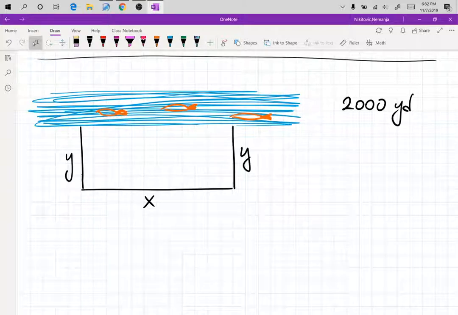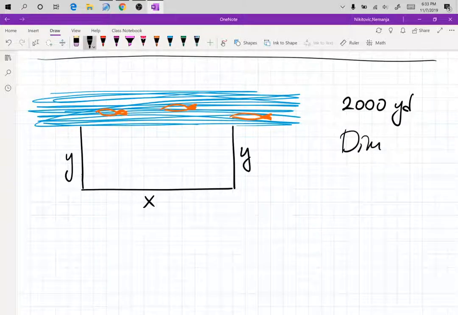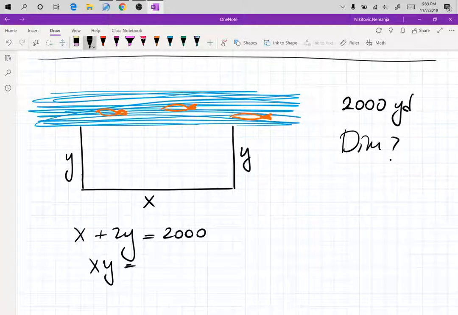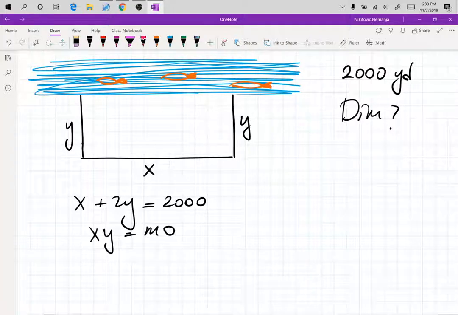So what are the dimensions now? Excellent. So now our constraint function is x plus 2y equals 2,000. And we're still looking for maximum area.